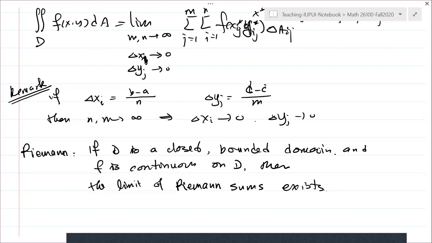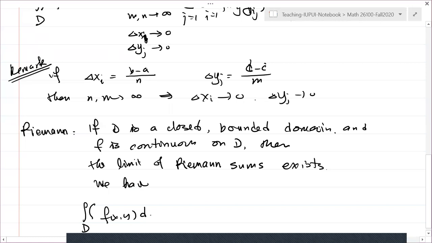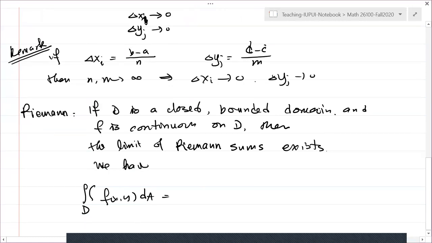If it exists, this limit exists for all those possible partitions, as long as the size of the rectangles approaches 0. So in particular, you can compute this double integral by the following limit.